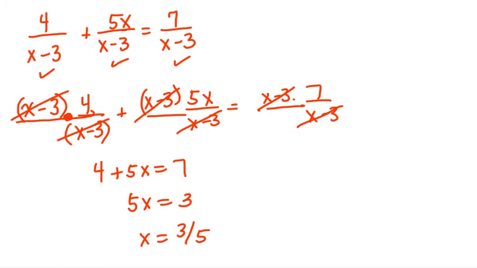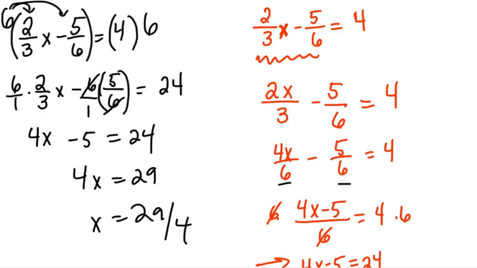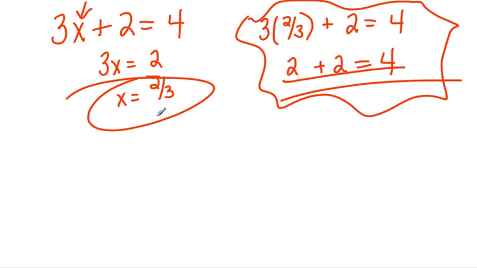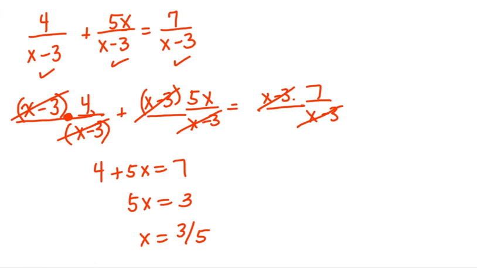Now, guys, here was what I told you was important on these. Monica, I'll go back. I see you're still writing. Do you remember my very first problem when I got my answer and I put it back in and it gave me a true statement? Yes? You have to check your answers. Here is why.